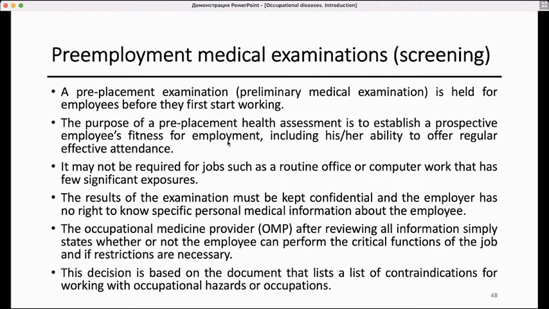He is suitable for work, for example. Or there are some restrictions for this work. But there are no diagnoses, there are no diseases recorded. Only a statement about his capacity, capable or not.